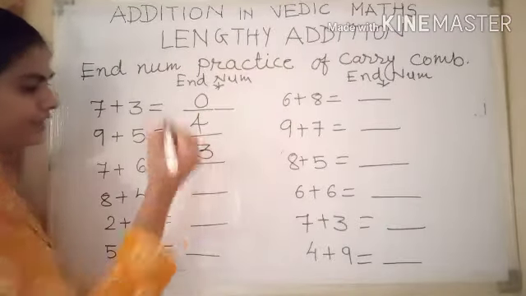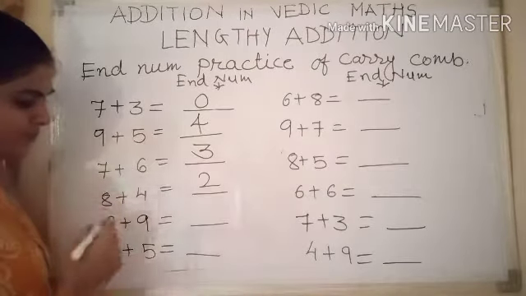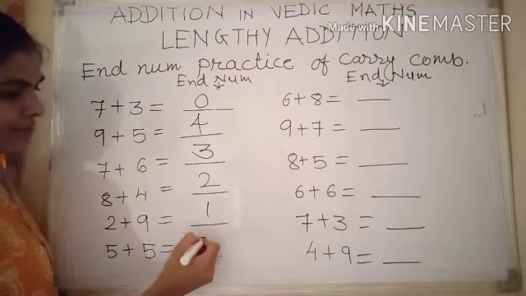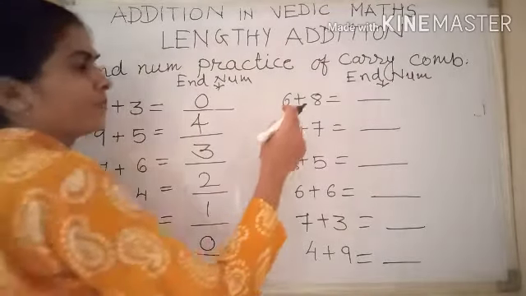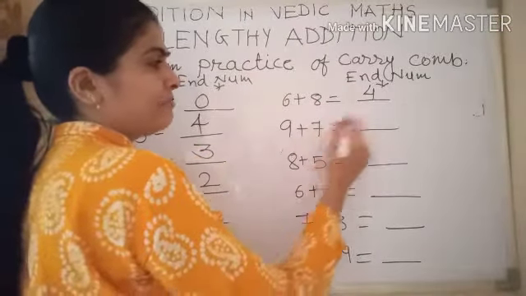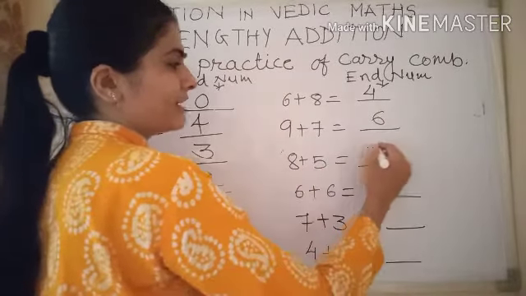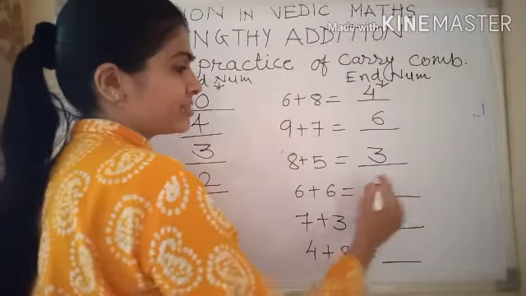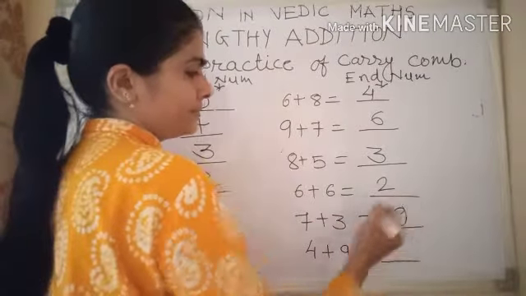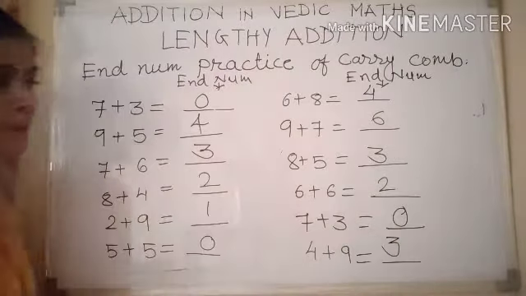We will write only 3. 8 plus 4, that is 2. 2 plus 9, 1. 5 plus 5, 0. 6 plus 8, 4. 9 plus 7 is 6. 8 plus 5 is 3. 6 plus 6, 2. 7 plus 3, 0. And 4 plus 9, again 3.